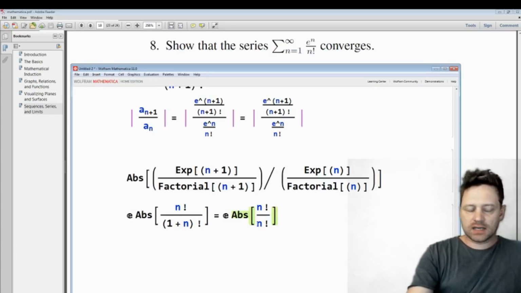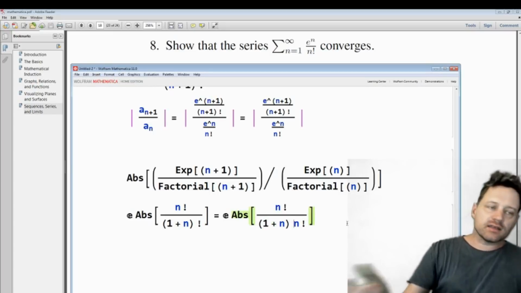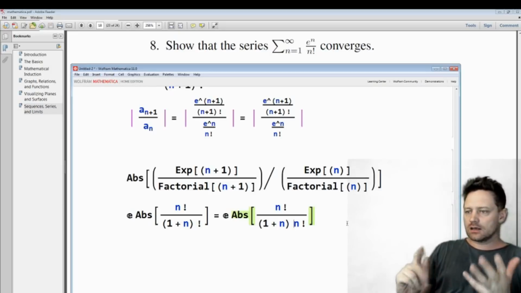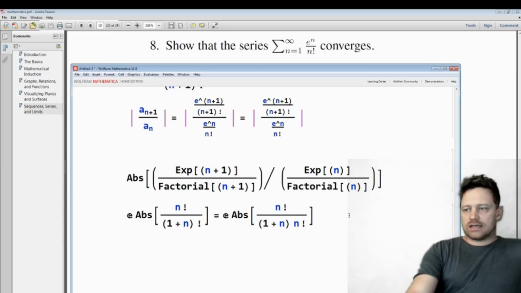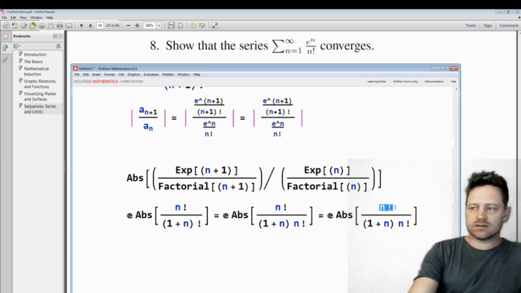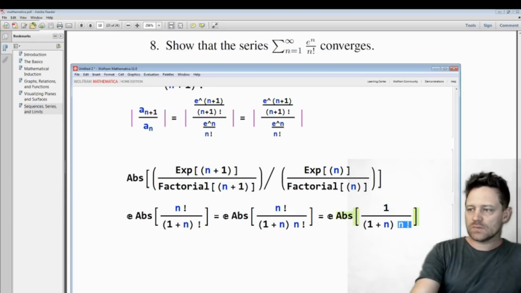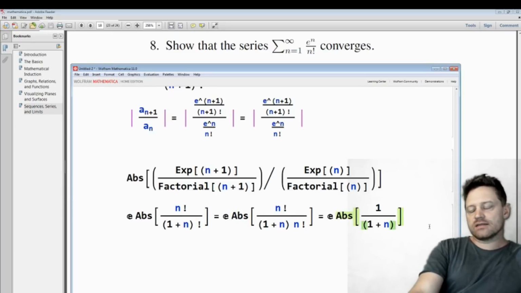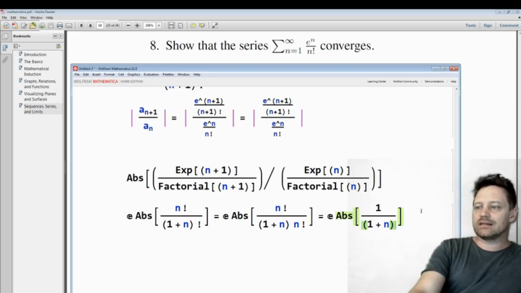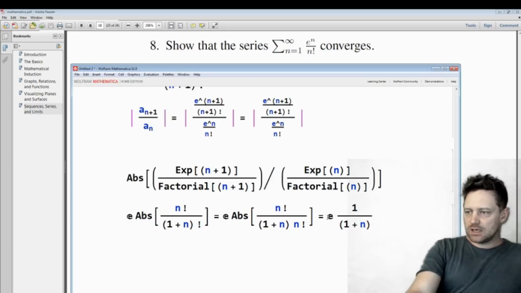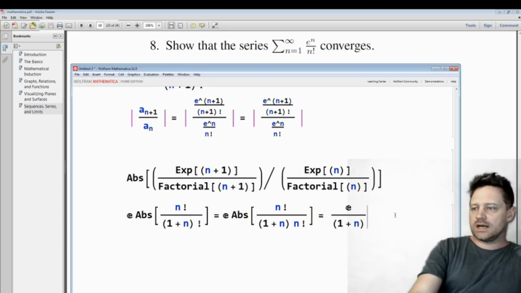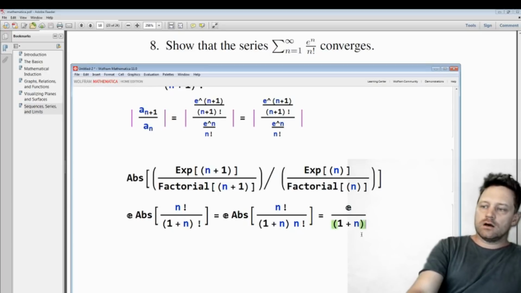Now we can cancel the n factorial. Notice now that n is positive and we are taking the limit as n goes to infinity, so we don't need the absolute value anymore. We can just get rid of it, and so this is e over n plus 1.